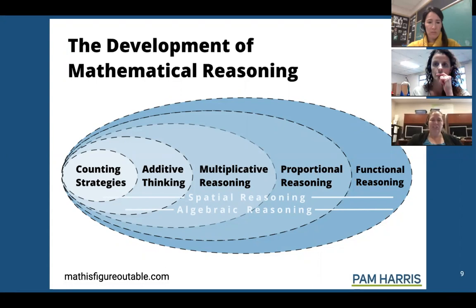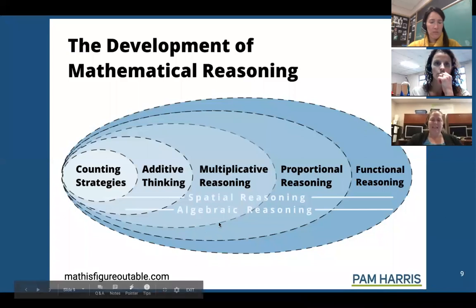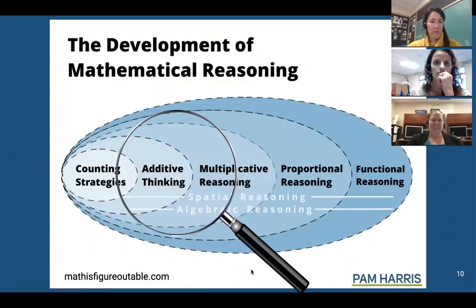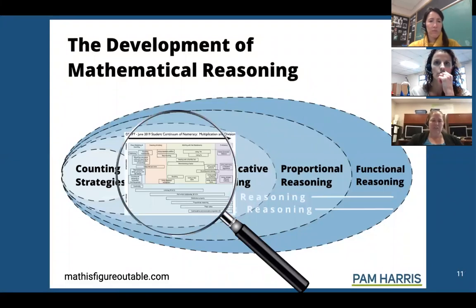Last time we looked at this diagram that Pam Harris put out on her blog that illustrates how she sees mathematical thinking developing over time. And we're taking a magnifying glass to this particular area: the continuum of multiplication and division falls in this zone of the bigger picture.